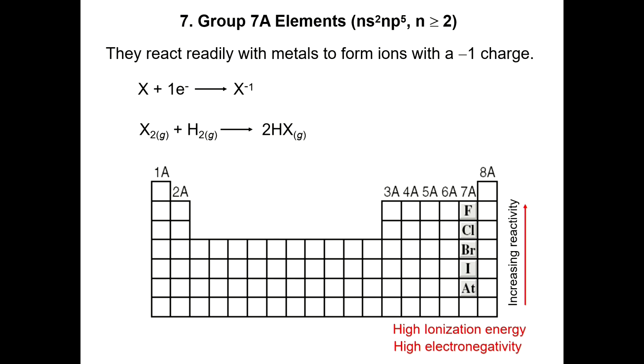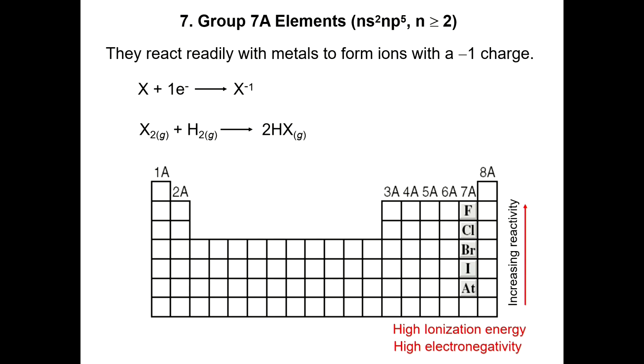Okay, 7A. 7A is this group. So we know they are very small, right? So they have very high ionization energy. Very high ionization energy means it's very difficult to lose electrons, right? If they lose electrons, you need to provide more energy.